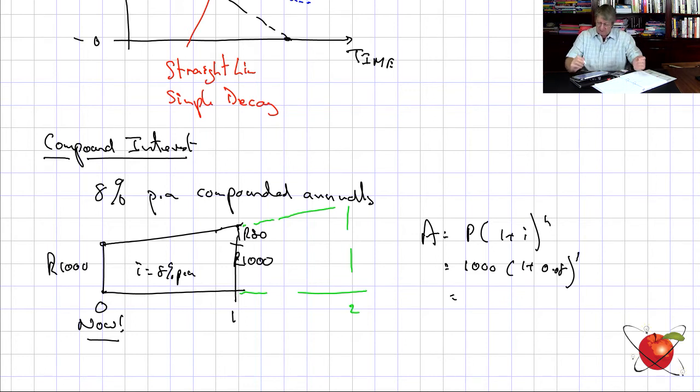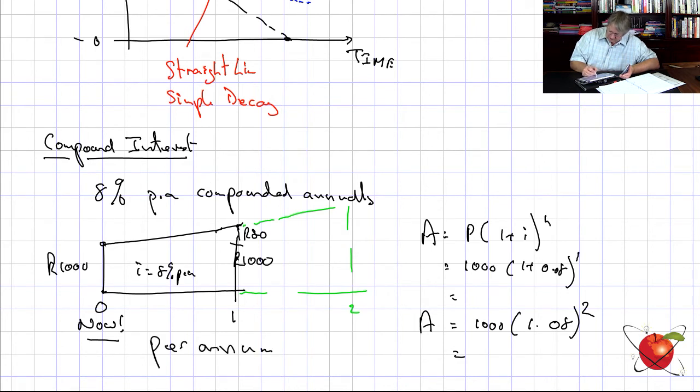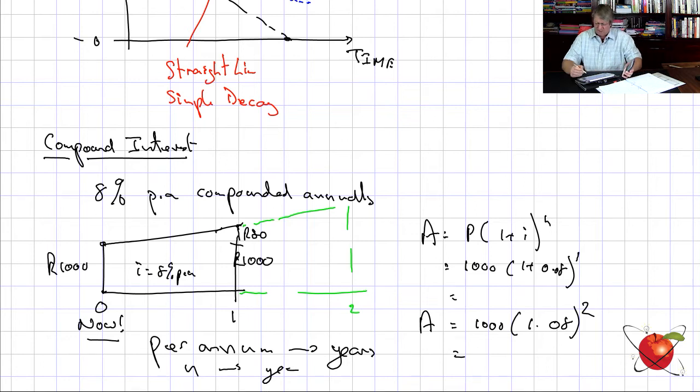So how would we work it out? We would say amount is equal to 1,000 times 1.08 to the power of 2, because n is equal to 2, isn't it? It's 2 years, 2 periods. I want to make a linkage here between per annum being years and n being years in this case, right?